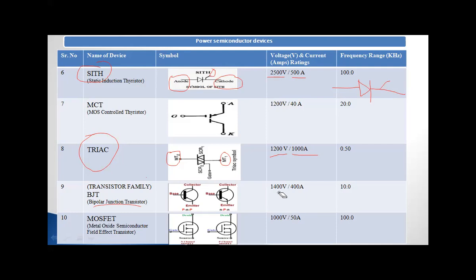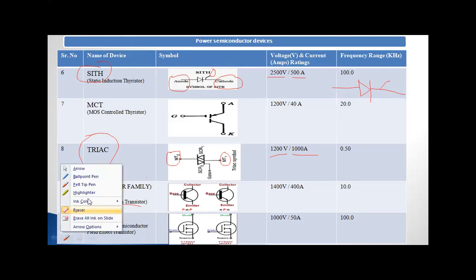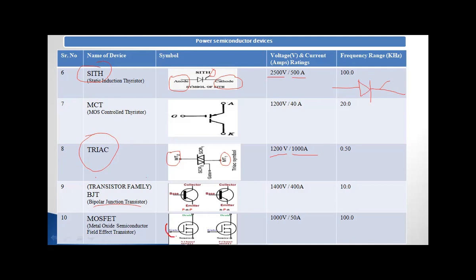Next one is the MOSFET. What is the full form of MOSFET? Metal oxide semiconductor field effect transistor. Is it clear? This is the symbol of the MOSFET. It has three terminals: gate, drain and source.